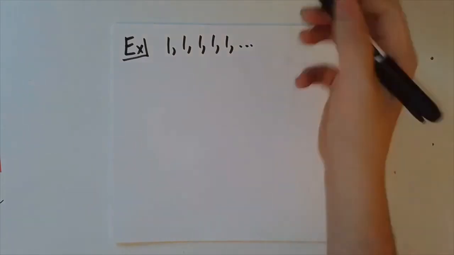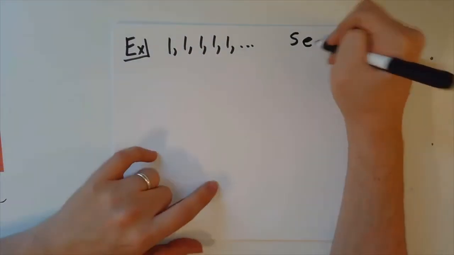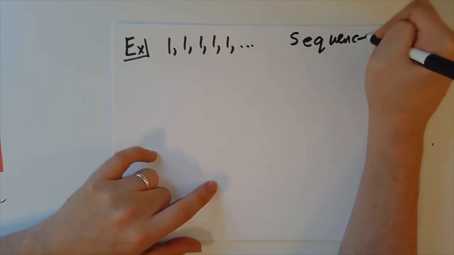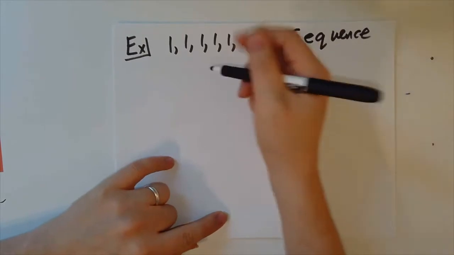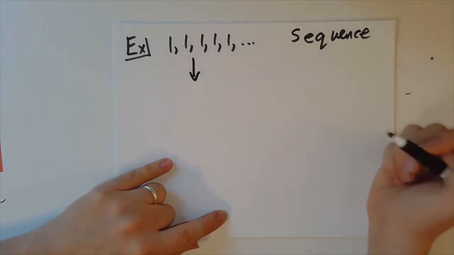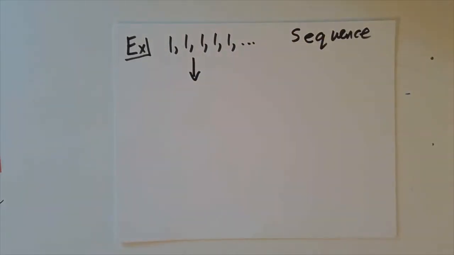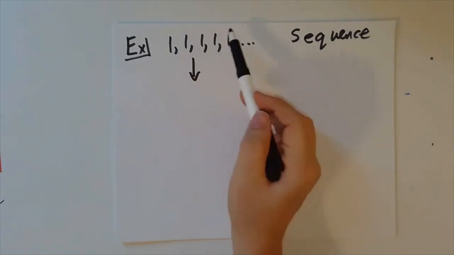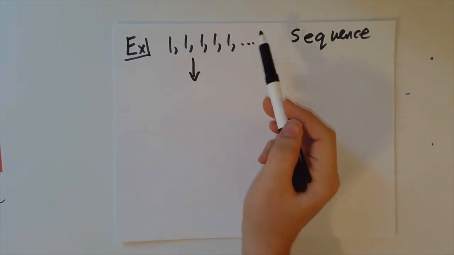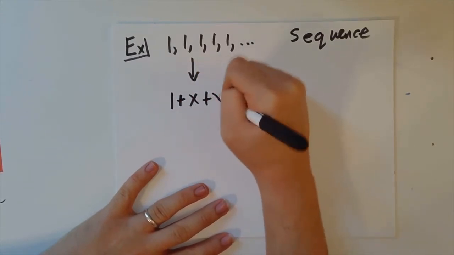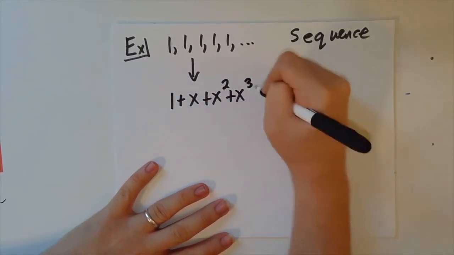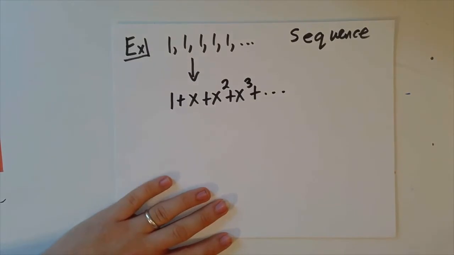That's my sequence. This sequence gets translated to a power series, and the way it gets translated is you literally just throw these things in front of powers of x and stick plus signs in front of them. So it gets translated to 1 plus x plus x squared plus x cubed plus dot dot dot.